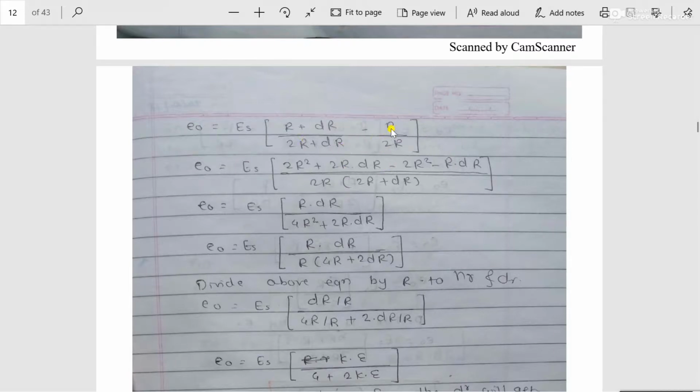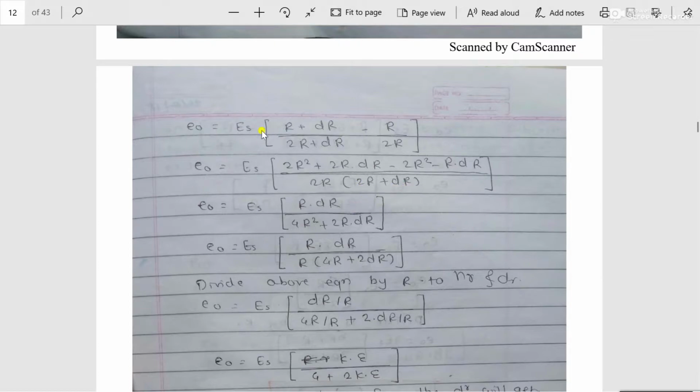Then by the cross multiplication, r into 2r is 2r square, and if this minus r is multiplied by delta r, here it becomes negative, therefore r into delta r. As we have to make the denominators the same, at the denominator side also we have to do the multiplication, that is 2r in bracket 2r plus delta r.